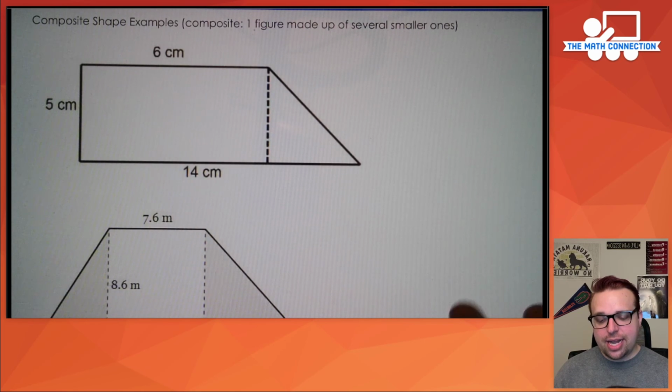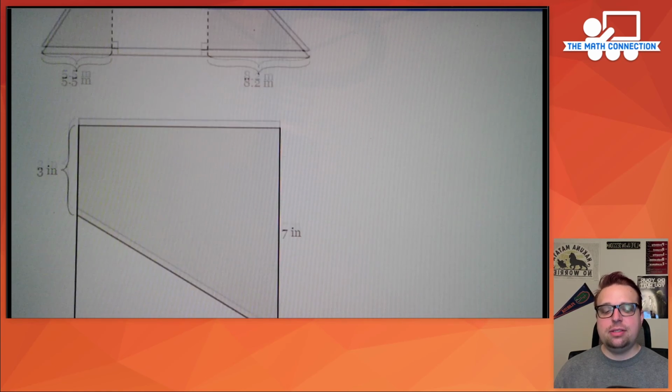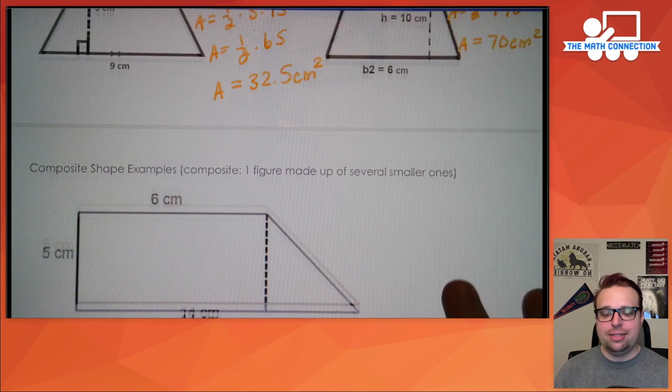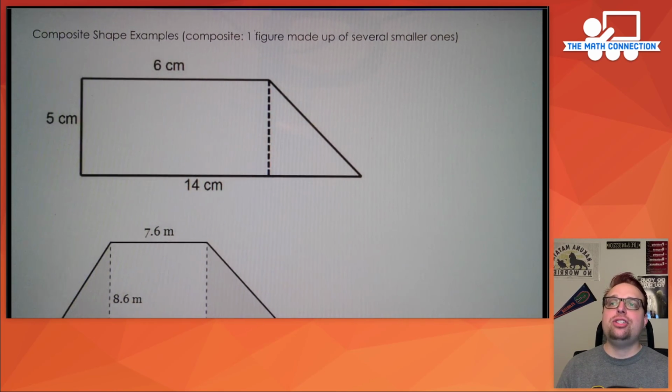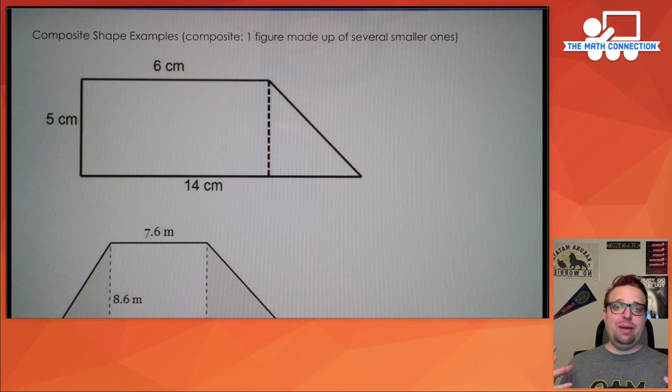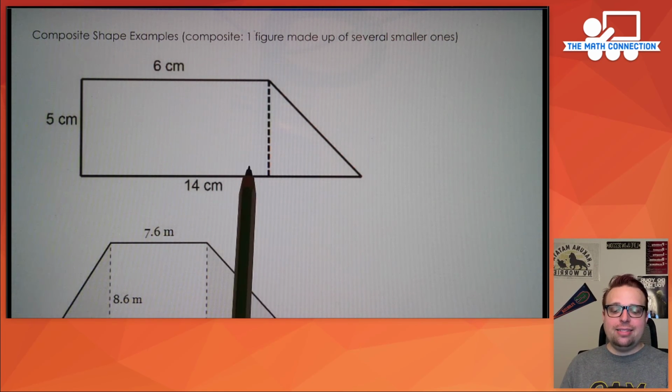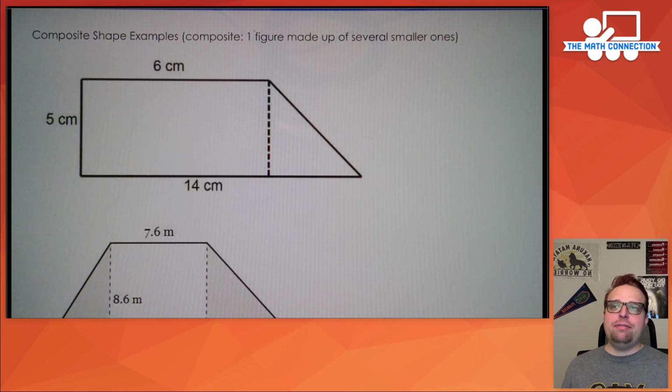Okay, and I think this is actually the last problem. Yeah, this is the last kind of problem that you might see in this topic, which is about composite shapes. So a composite shape is one big shape that is made up of several smaller shapes. And so you might look at this right here and say, there's no way I can find the area of this whole thing.